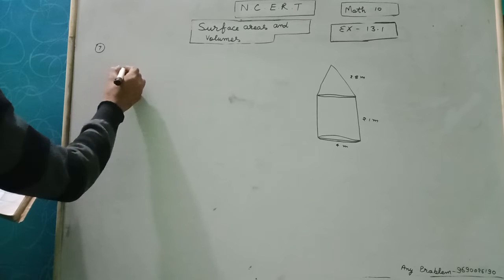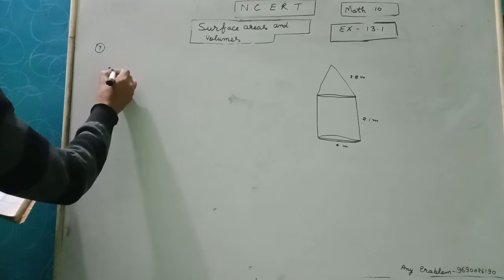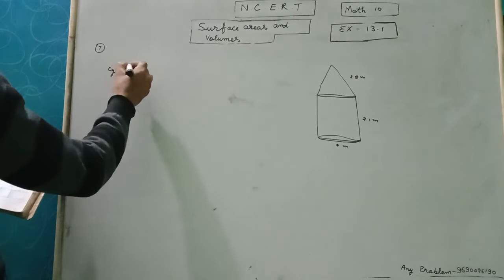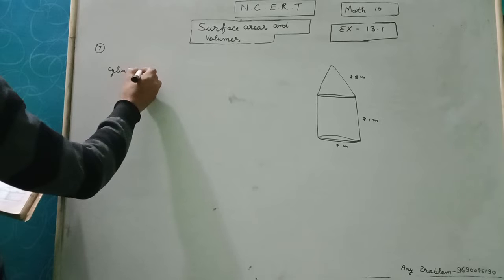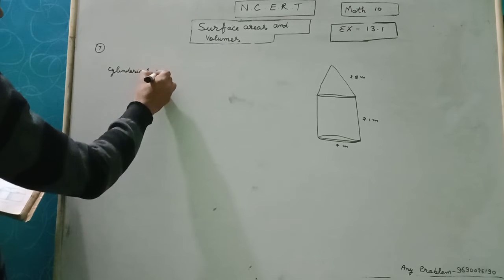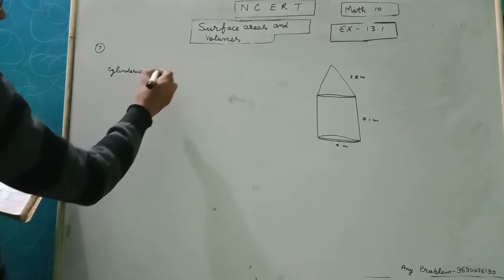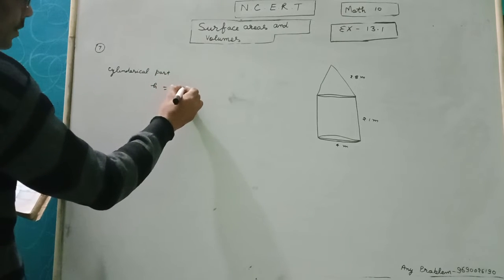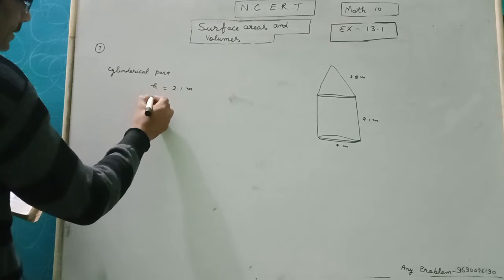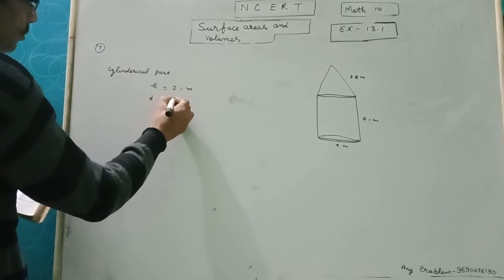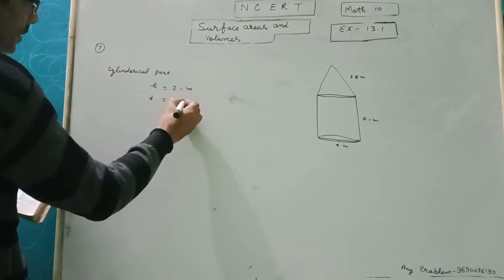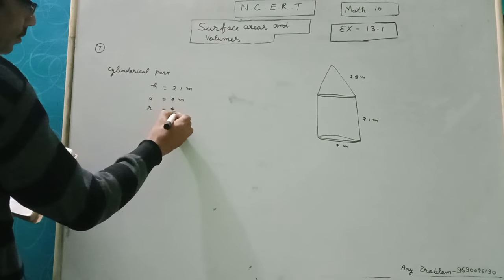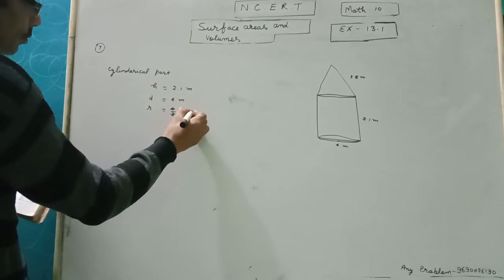Cylindrical part: height is equal to 2.1 meter and diameter is equal to 4 meter. Radius will be 4/2 is equal to 2 meter.